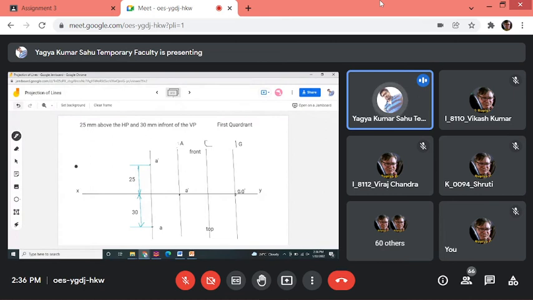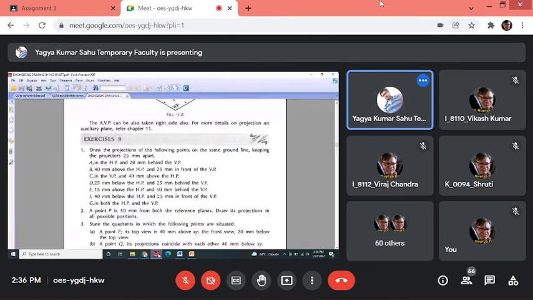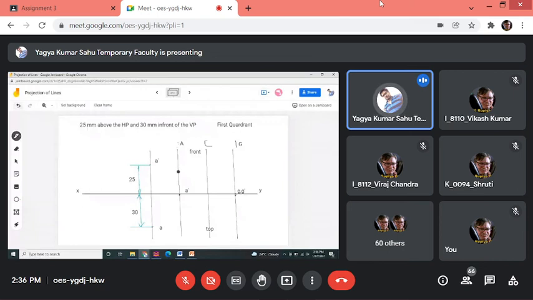So above this A dash, at a distance of 20 mm, draw another point, which will be the top view. The distance between both is given as 20 mm.